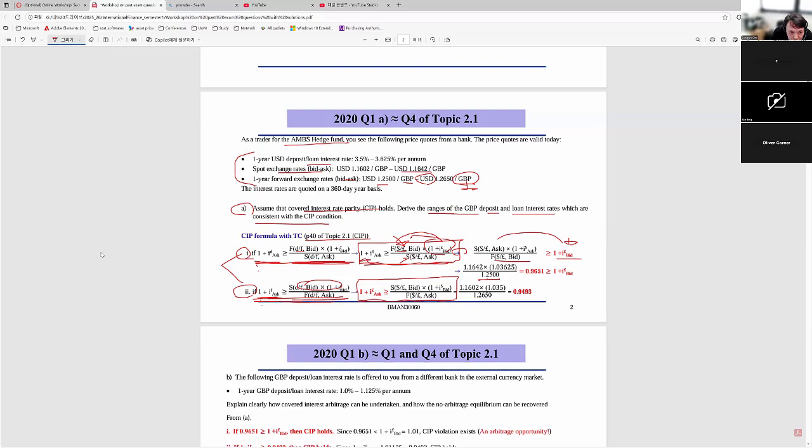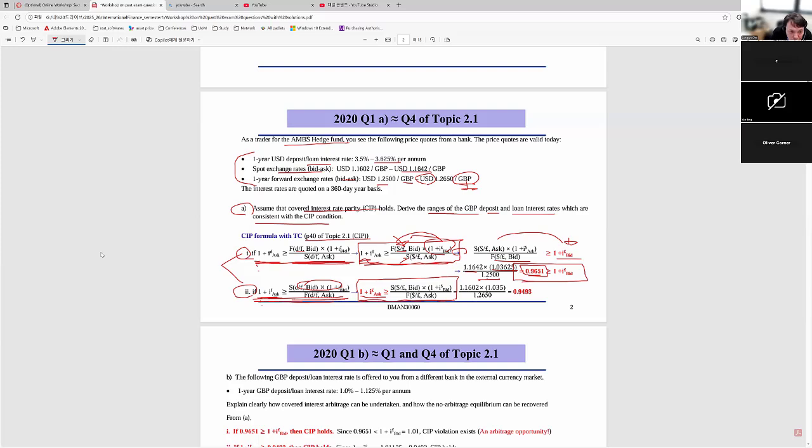The ask rate is 1.1642. The dollar ask rate is 3.625%. Once you compute all these numbers, you get 0.9651. That should be bigger than 1 plus the pound bid rate. So this is the first CIP formula with transaction cost. Likewise, in this case, we have the pound ask rate on the left-hand side, so we don't have to transform this inequality.